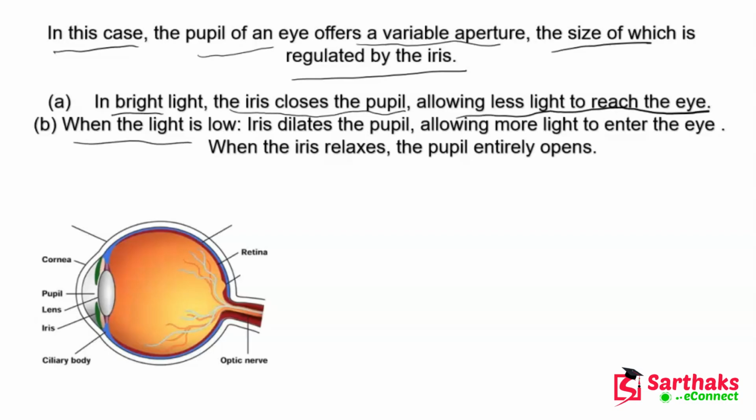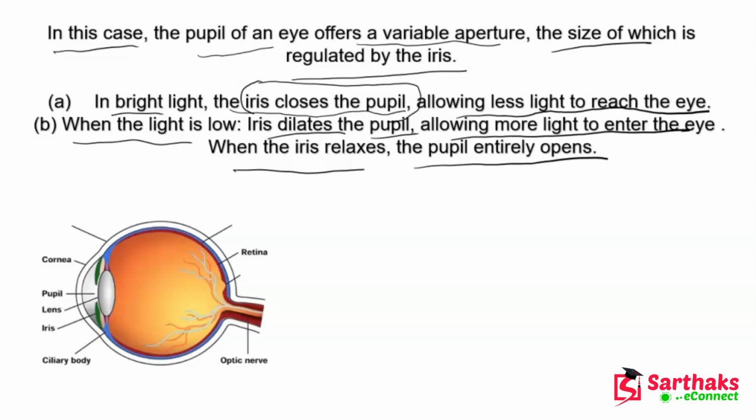And when the light is low, the iris dilates the pupil, allowing more light to enter the eye. When the iris relaxes, the pupil entirely opens. In bright light lots of light comes to our eyes, so the iris closes the pupil. So less light reaches our eyes.